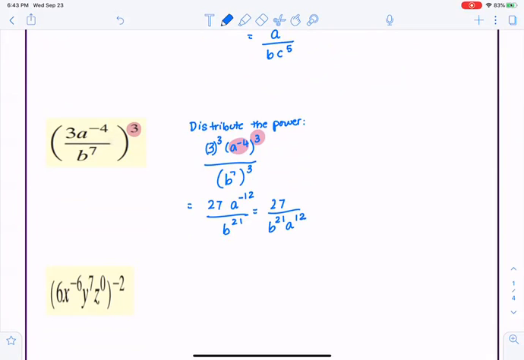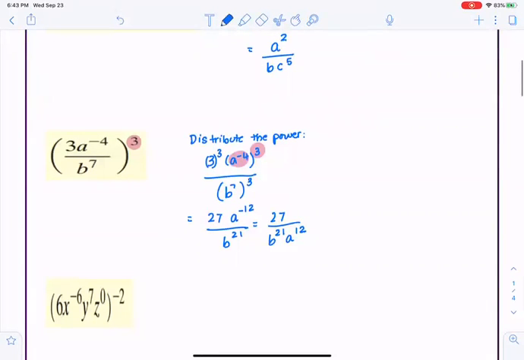The second approach is to convert or cancel terms to positive exponents.